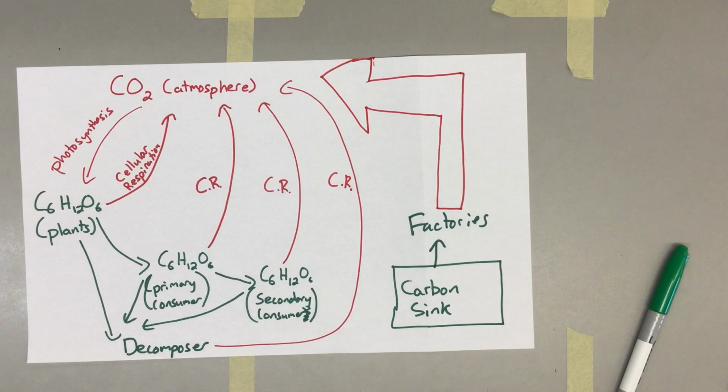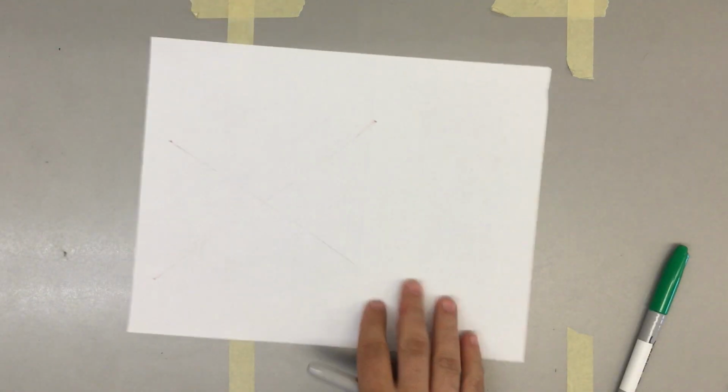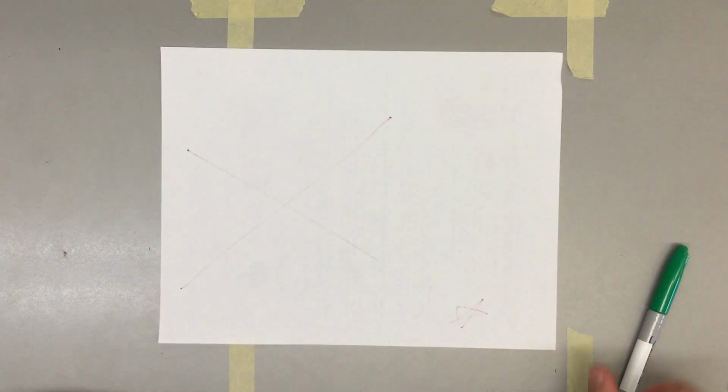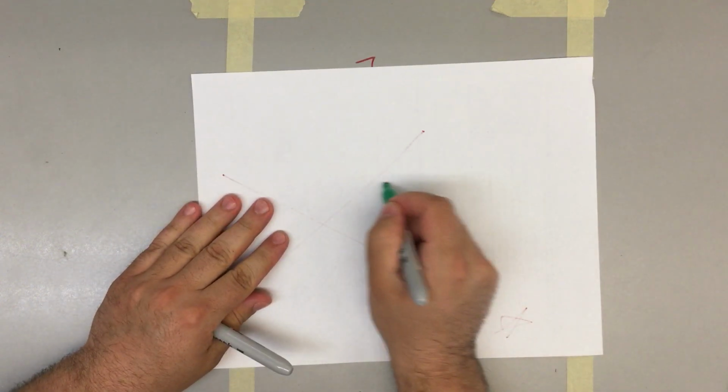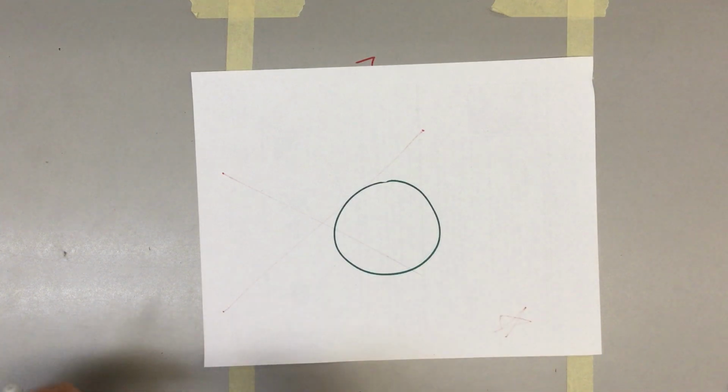Now the reason this is a bad thing, if I can find myself a blank piece of paper to keep drawing, is our atmosphere and our world, the CO2 kind of acts as a blanket. So imagine we have our world, our Earth, nice little round Earth.